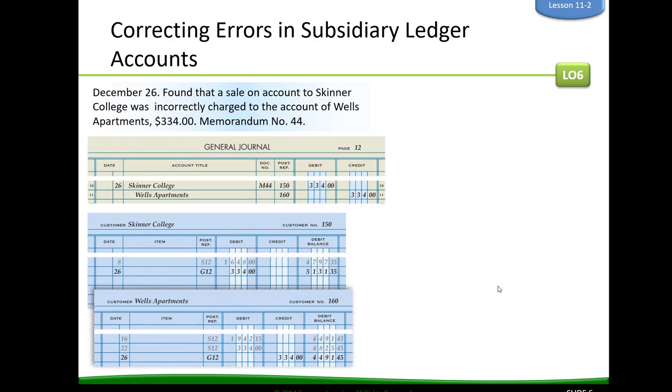We have found a sale on account to Skinner College was incorrectly charged to the account of Wells Apartments. So basically we posted it to the wrong account.